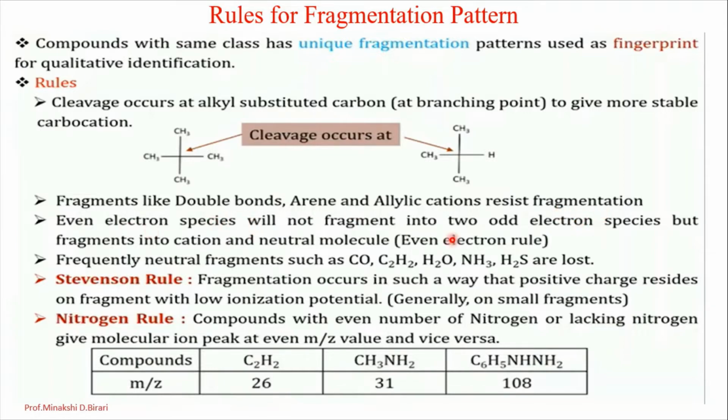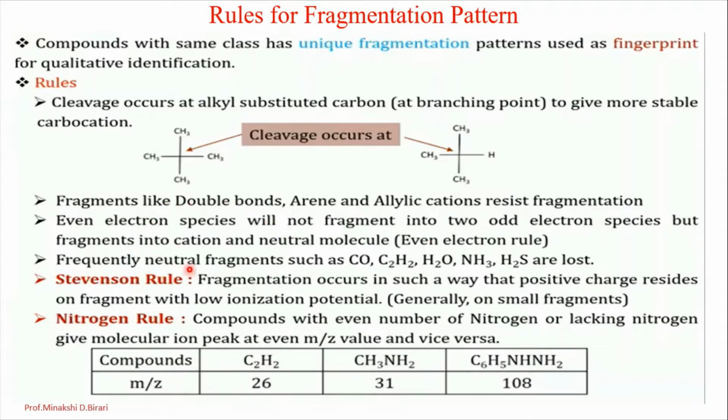Then if we consider the even electron rule, an even electron species will not fragment into two odd electron species but fragments into a cation and a neutral molecule. So that is called the even electron rule.